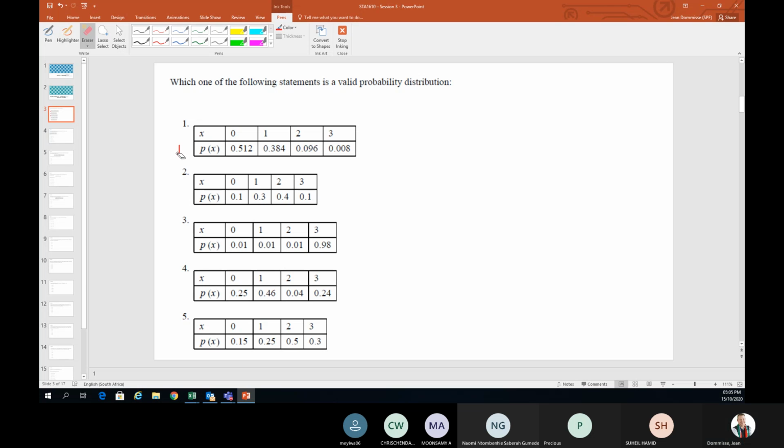So basically, I normally just scout through, so I'm skipping that one first because that feels like too much work. I'll start with this one: 0.98 plus 0.1 plus 0.1 plus 0.1, so it's not going to be that one.